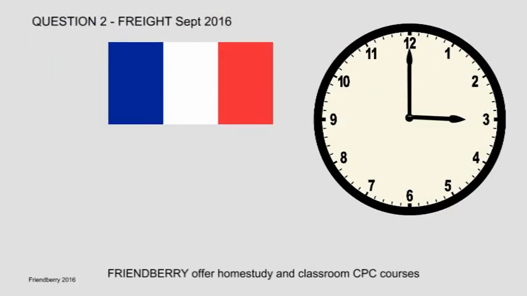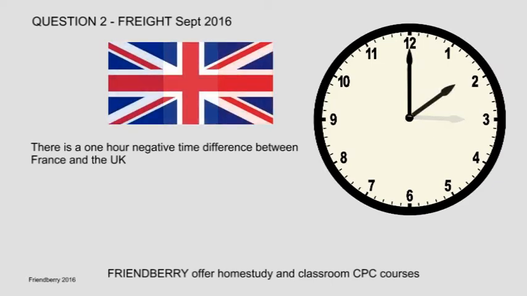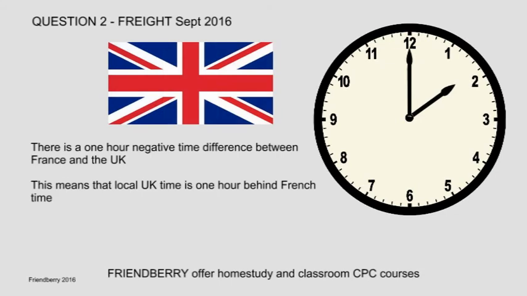The problem with this question is that there is a 1 hour negative time difference between France and the UK. This means that local UK time is 1 hour behind French time, so minus 1 hour to all times when you get back to the UK. This is now also tacho time.